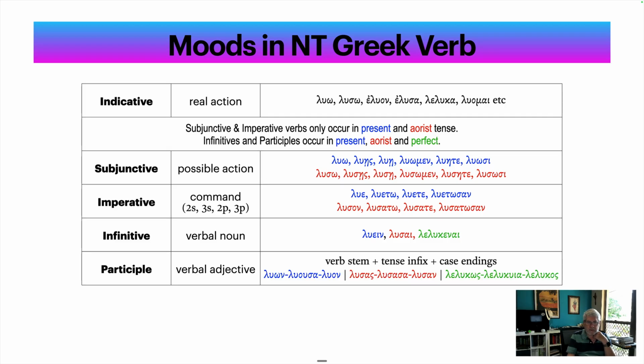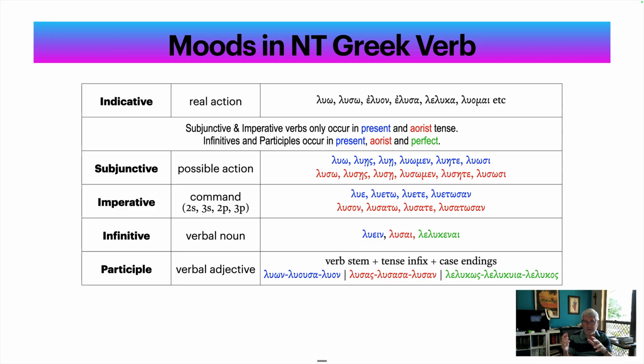And with participles, we get again a hybrid form of the verb, which is as much verb as adjective. And it's going to be built by having the verb stem, the tense infix that we've seen previously, like the sigma alpha for aorist, and then the case endings. And the case endings, of course, is where the adjective aspect comes in.